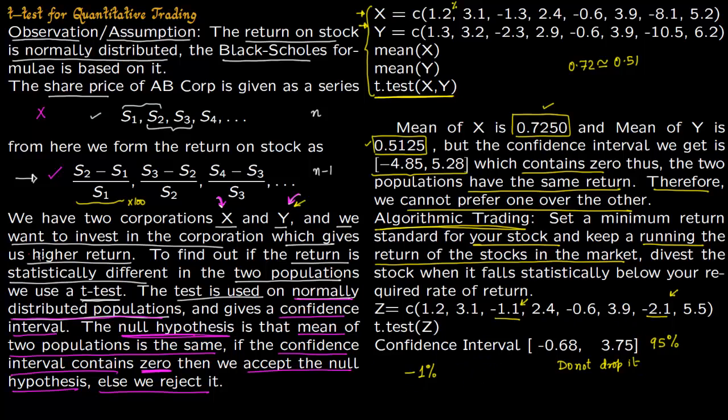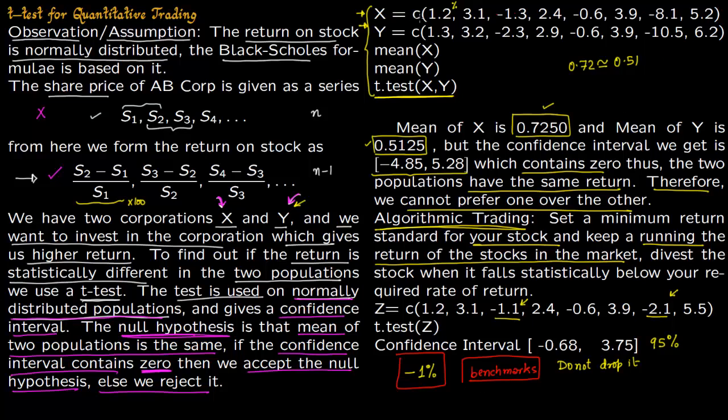Ideally, you cannot have a benchmark like this, a constant benchmark of -1%. What you should do is have some benchmark stocks, stocks which you think are the gold standard of the market. Then you use those stocks to define which stocks you want to buy.